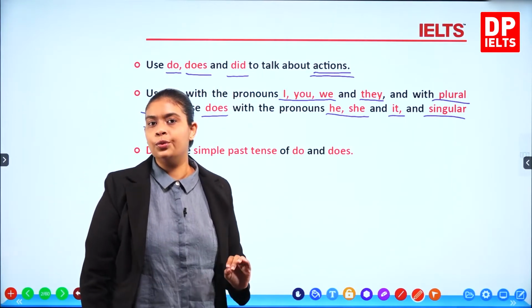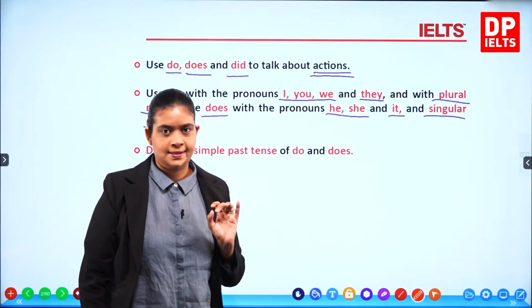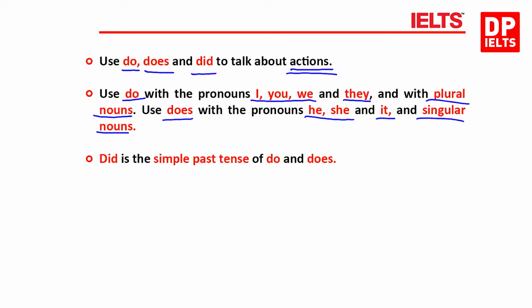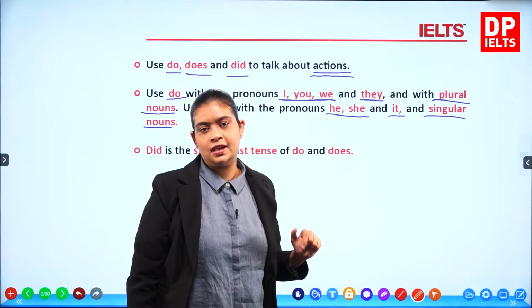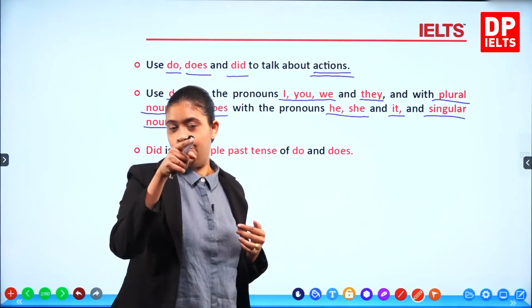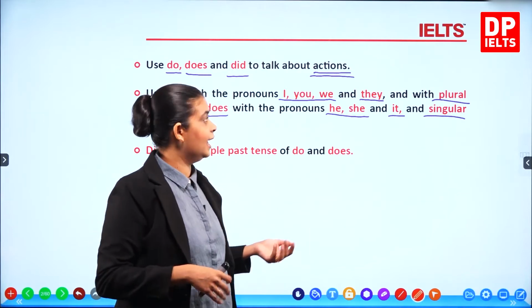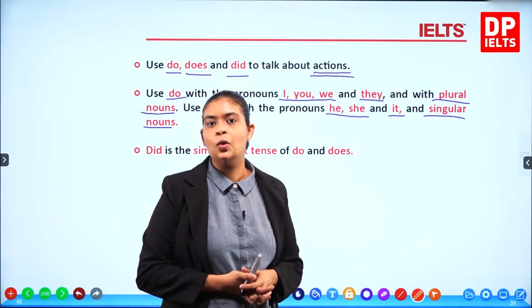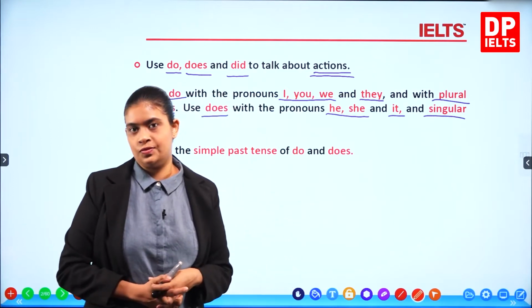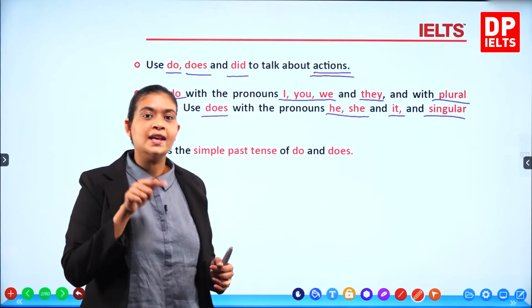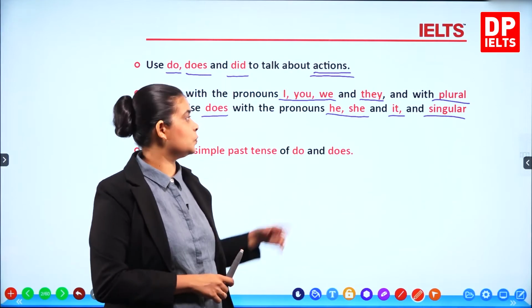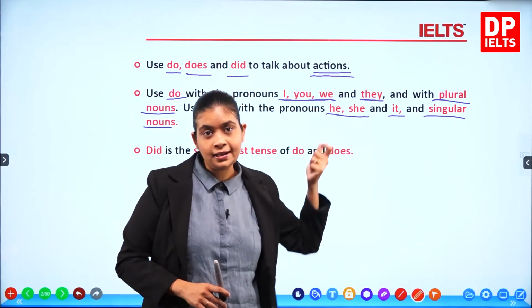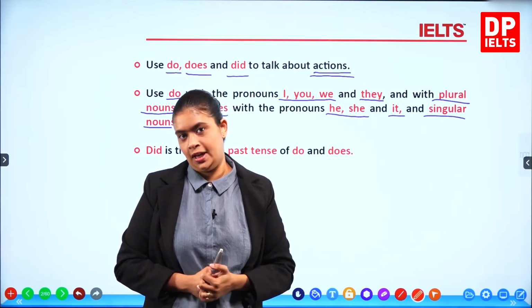The other rule with do and does: do is used with pronouns such as I, you, we, they, and you could also use it with plural nouns, whereas does is used with he, she, it and singular nouns.